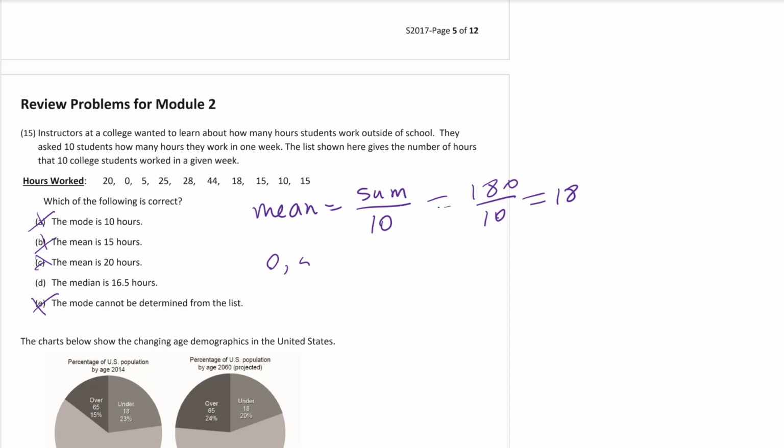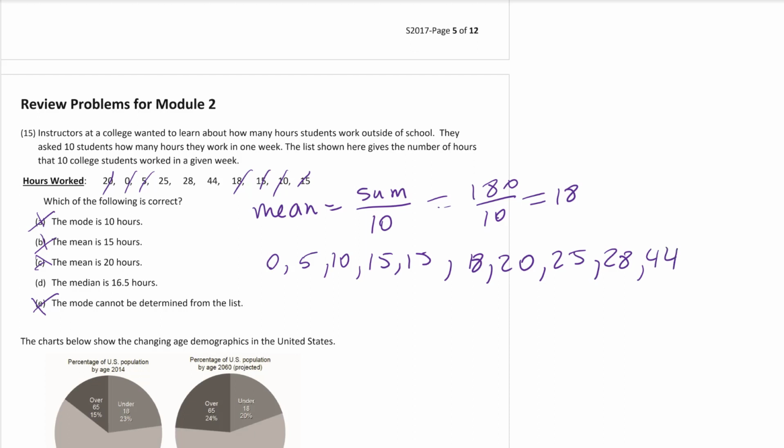So we got 0, 5, then we got 10, we got 2 15s, we got 18, we got 20, we got 25, we got 28, and 44. So the numbers that are in between are going to be here, and we have to add them up and divide them by 2.